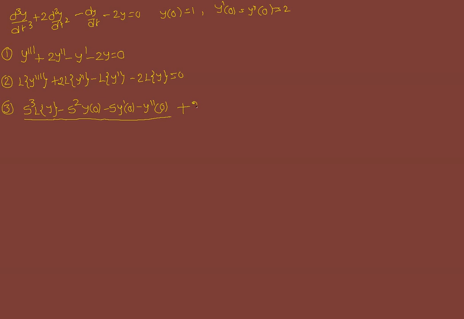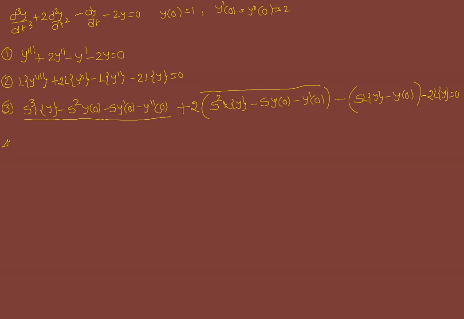Plus 2 into L of y double dash means s square into L of y minus s into y of 0 minus y dash of 0. So this is the expansion of L of y double dash. Minus L of y dash means s into L of y minus y of 0, minus 2 into Laplace of y is equal to 0.